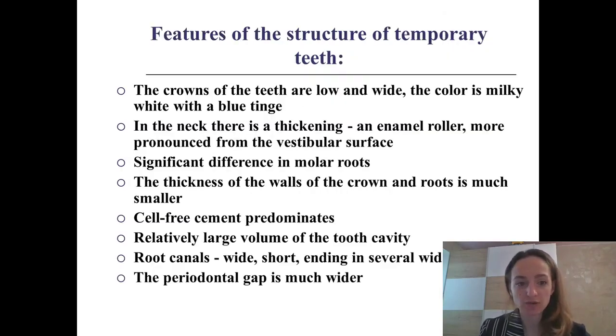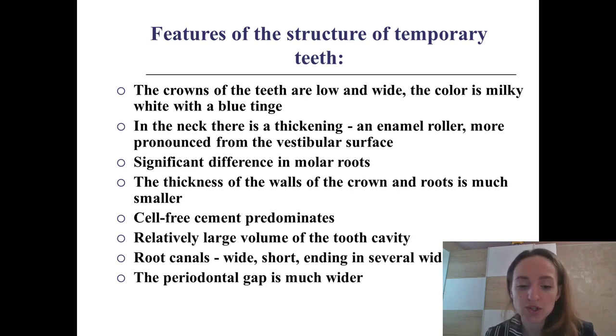Then, features of the structure of temporary teeth. Also, we know that the crowns of the teeth are low and wide. The color in some areas of the teeth is milky white or has a bluish tinge. Then in the neck there is a thickening, an enamel roller. Significant difference in molar roots. Then cell-free cement predominates and there is a relatively large volume of the tooth cavity.